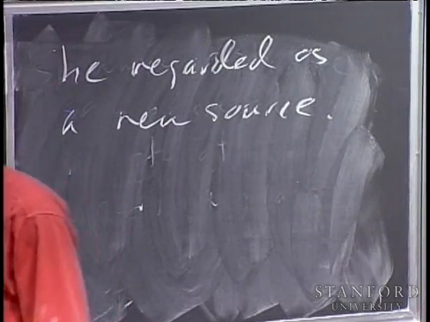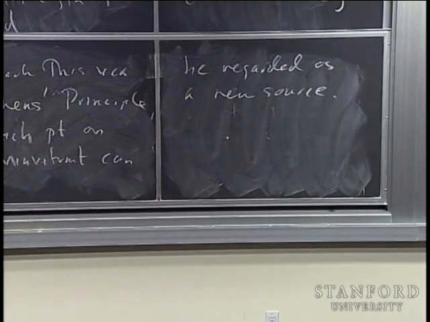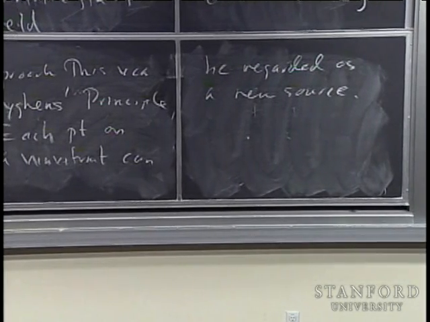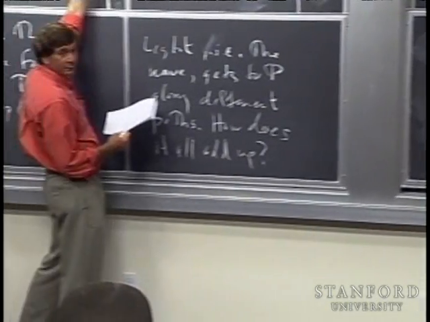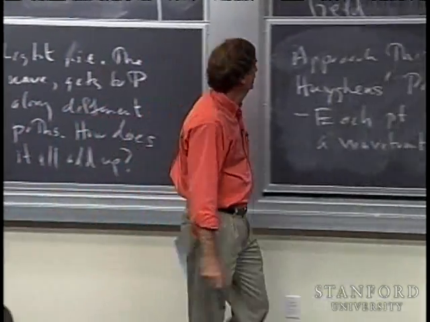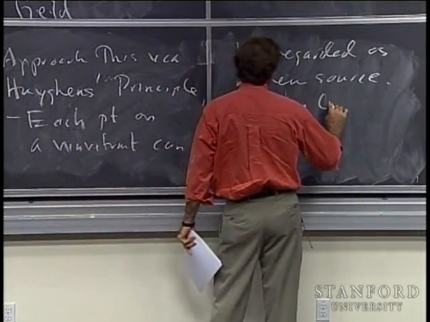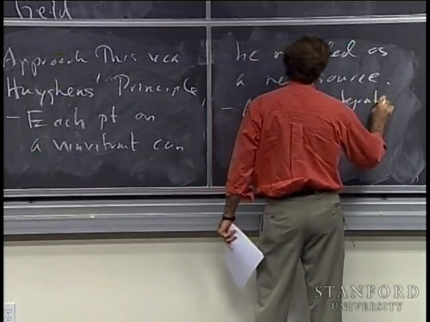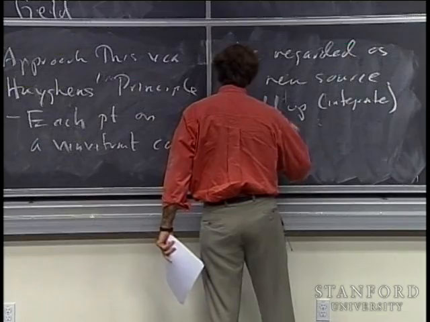You see what happens over on the image plane as a result of light coming from a point here regarded as a new source, and then you add them all up. You integrate the effects of all these sources.